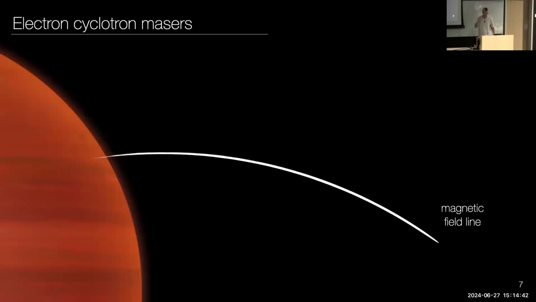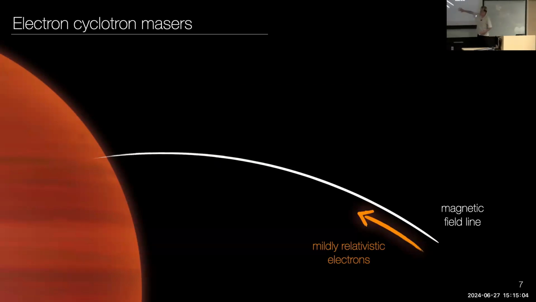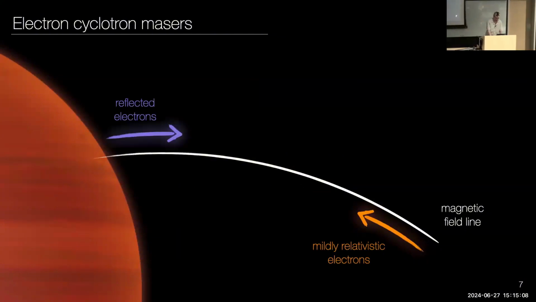A little bit more detail about this. This type of radio emission, more specifically electron cyclotron maser emission, is generated due to electrons being accelerated along magnetic field lines. So we need to inject or accelerate electrons somewhere down here in the magnetic field of whatever this object is.